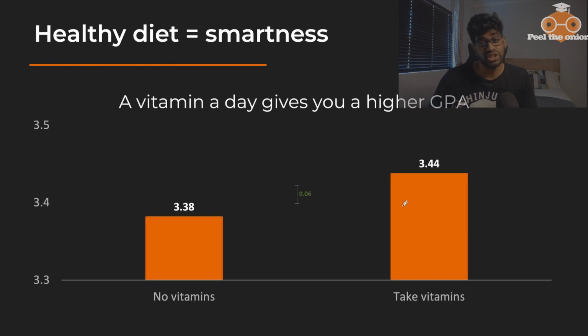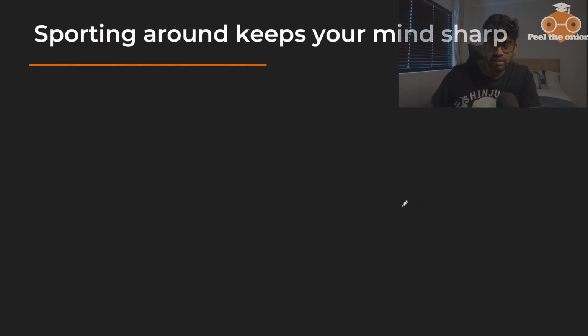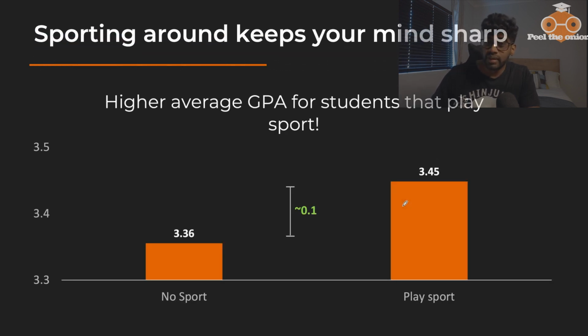Another thing the survey suggested was that a vitamin a day gives you a higher GPA. So people that take vitamins get higher GPAs. And also, we all love exercise, and apparently playing sport allows you to be smarter also and gives you a higher GPA.